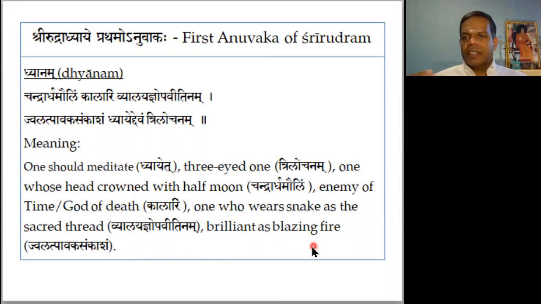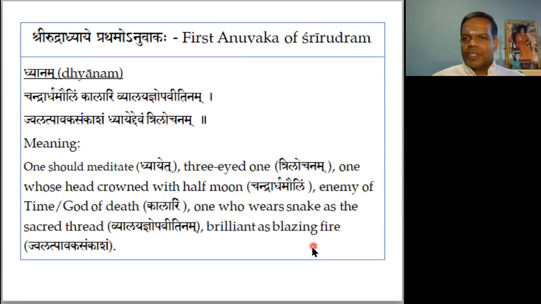That is, Jwala is blazing. Pavaka means fire. Sankasha means brilliant. Kashi we looked at. Sankasha means who is joined, or who is united with that Jwalat Pavaka. So blazing fire. So you can see he can burn anything. Kalari, he can even overcome death.